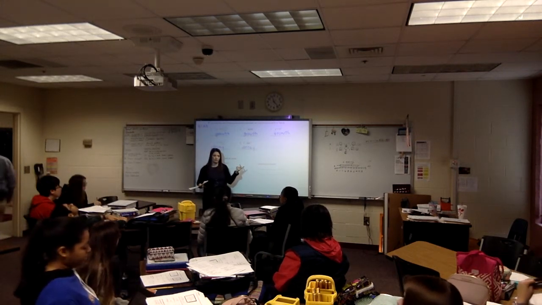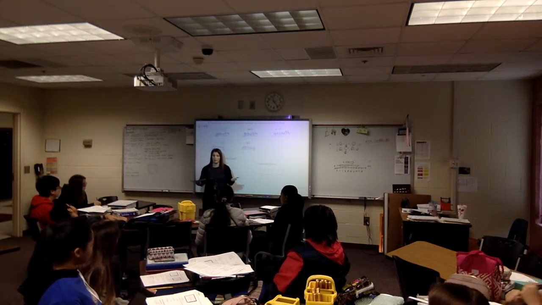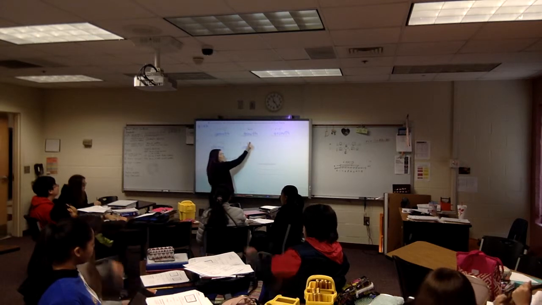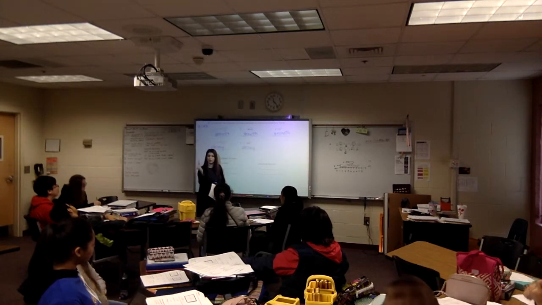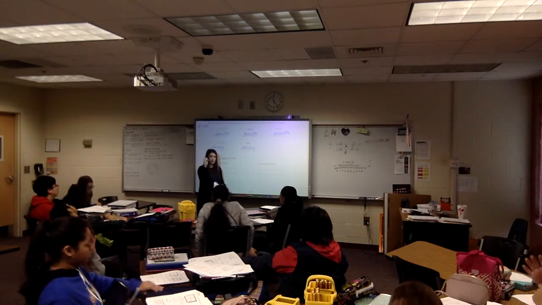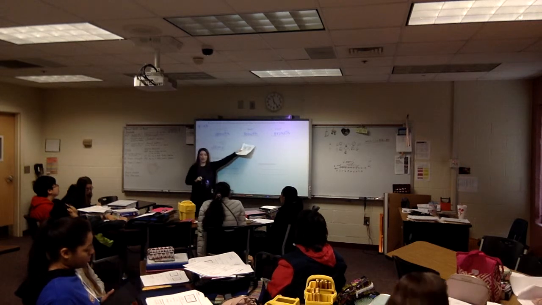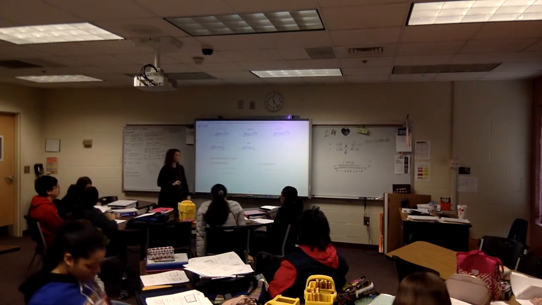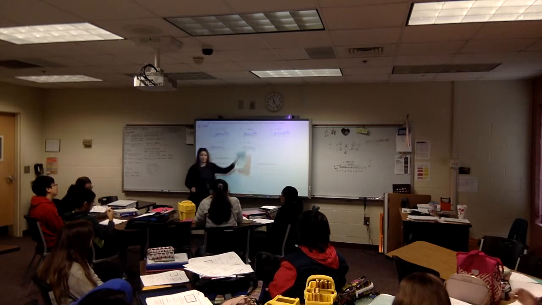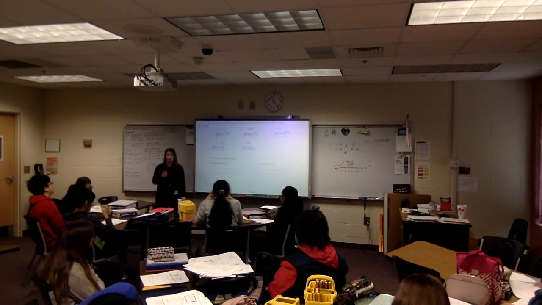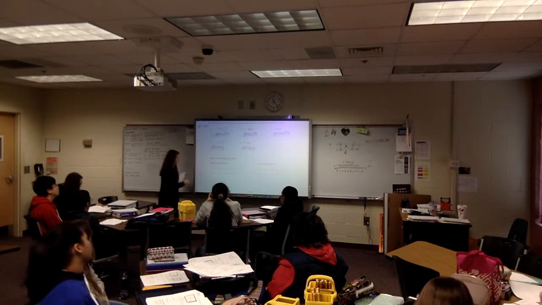Any number raised to 0 always equals 1. Remember input-output tables from y equals mx plus b: if you put 0 in for x, it would equal 1, so y equals 1. If there's not a value there and there's nothing else in the equation, you can always just know it's 1 by looking at it. That was just a little backstory of why it's 1.